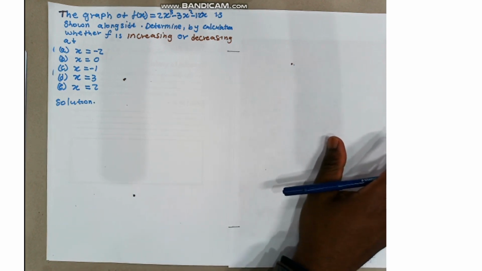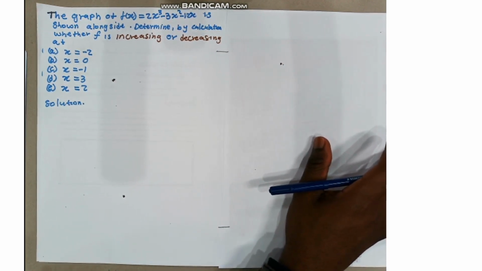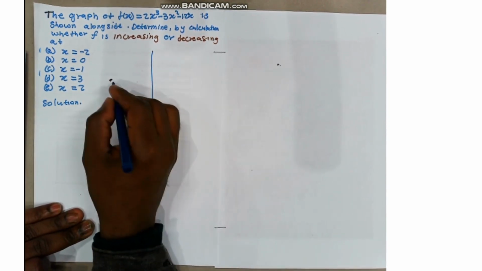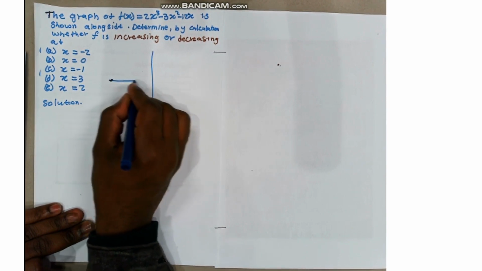We'll continue from where we left off, where we're doing the increasing and decreasing of our graphs, our interpretation of our graphs. They gave us this function.